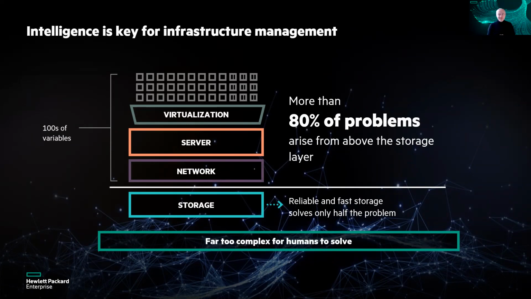Thanks to InfoSight, they found out that 80% of the problems came from all the components on top of storage. Now, of course, you have to be able to prove this. And this is why Nimble at that moment in time created an intelligent platform called InfoSight.